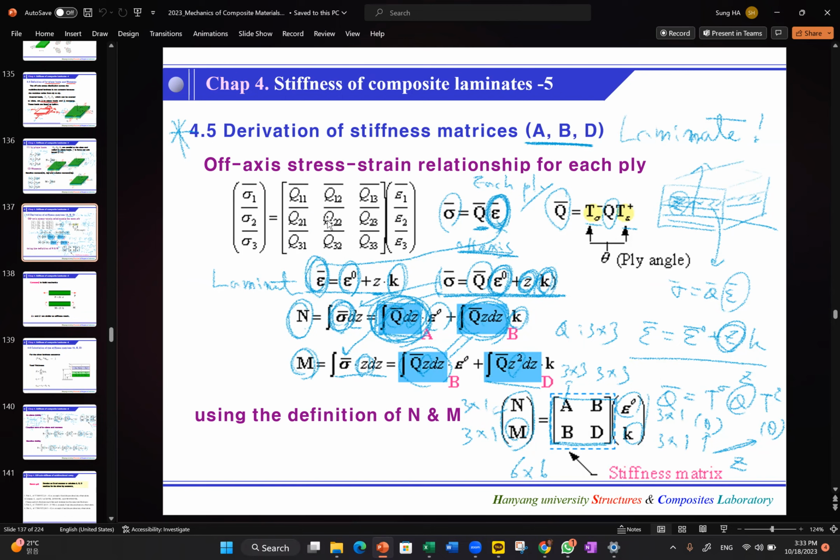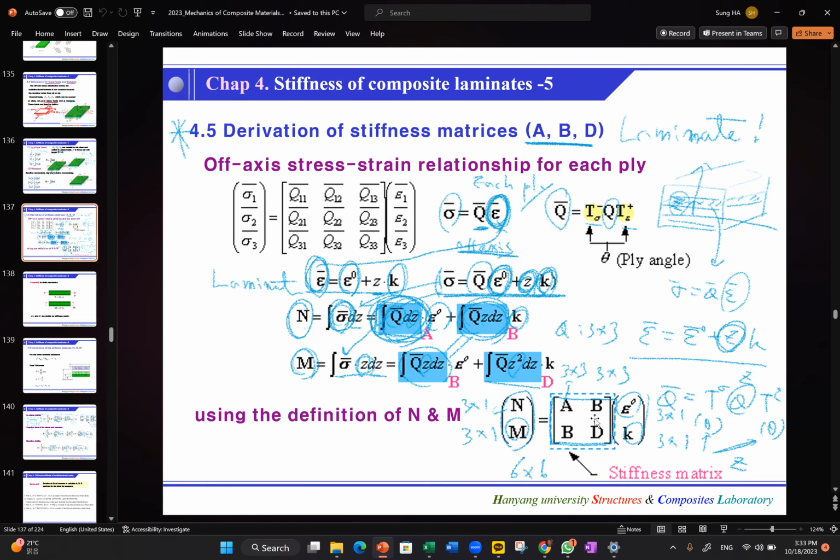So anyhow, finally we have these relations between in-plane load and bending moment, and in-plane strain and curvature. There's a relation ABBD, which represents stiffness in this laminate.